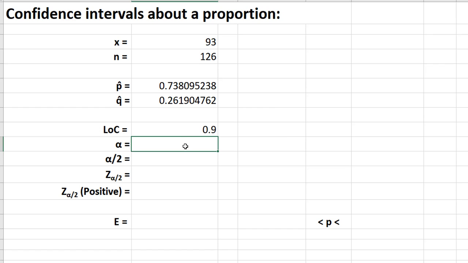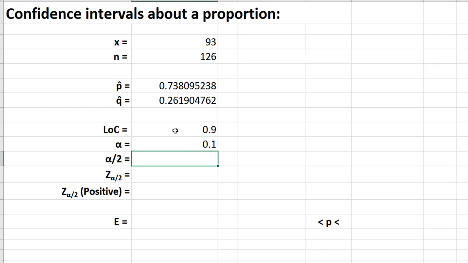Alpha, remember, is the complement of the level of confidence. And that, just like q, is always a 1 minus a p. Alpha is always 1 minus my level of confidence expressed as a decimal. So we're going to type in equals 1 minus 0.9.